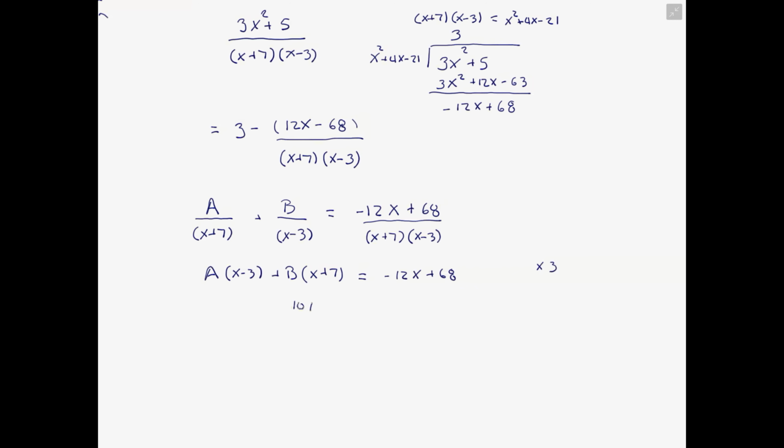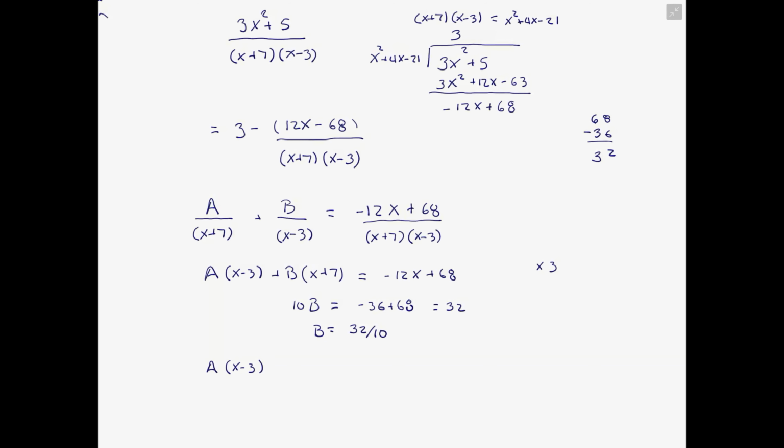Now, if we choose x equals 3, we have A is 0 there, so we have 10B equals, that's minus 36 plus 68, so 68 minus 36 is 32, and B equals 32 tenths.